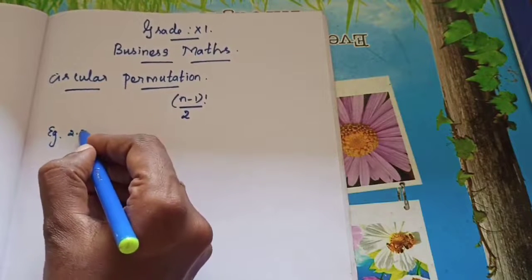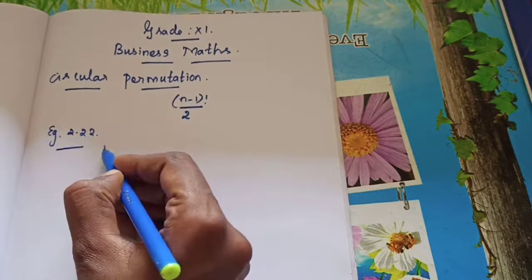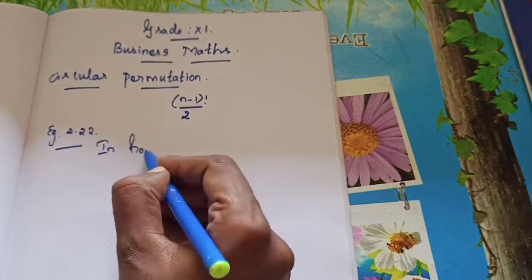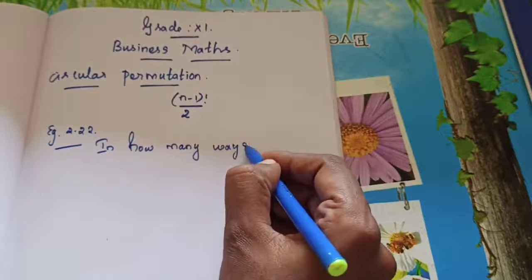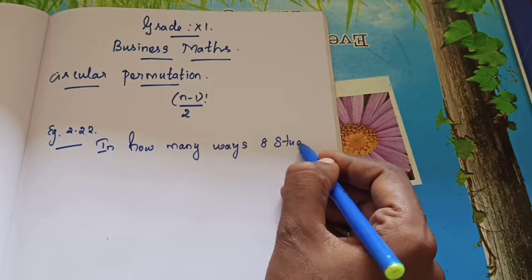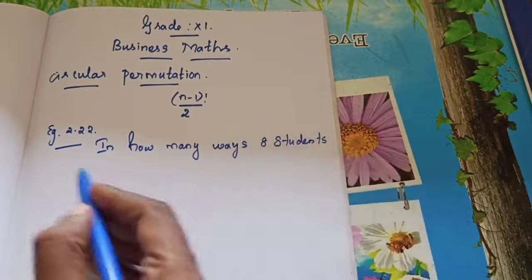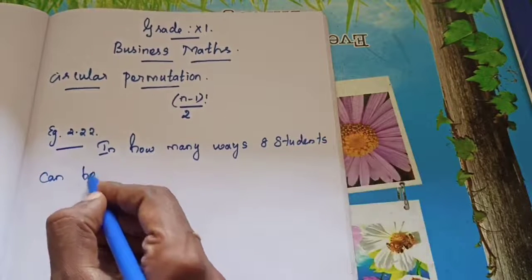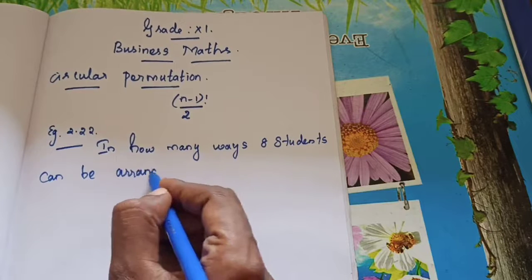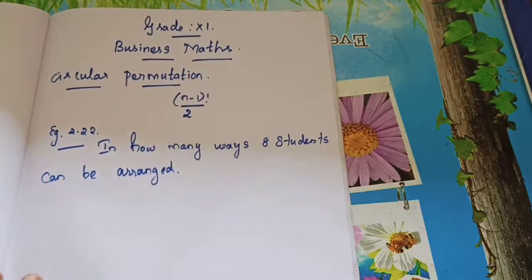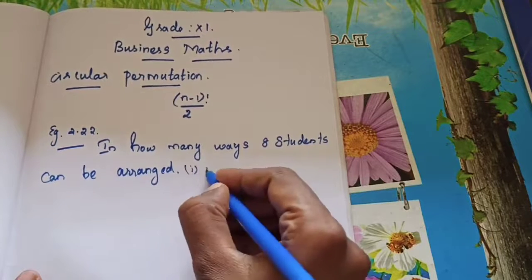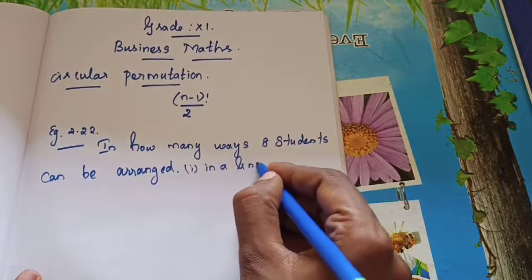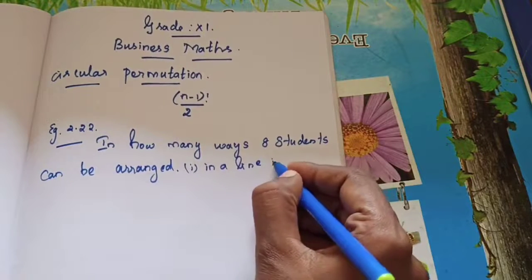Example 2.22. In how many ways can 8 students be arranged? The answer is in a line, and another one is along a circle.